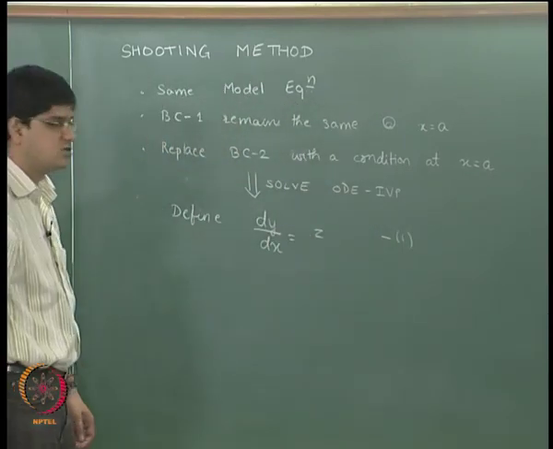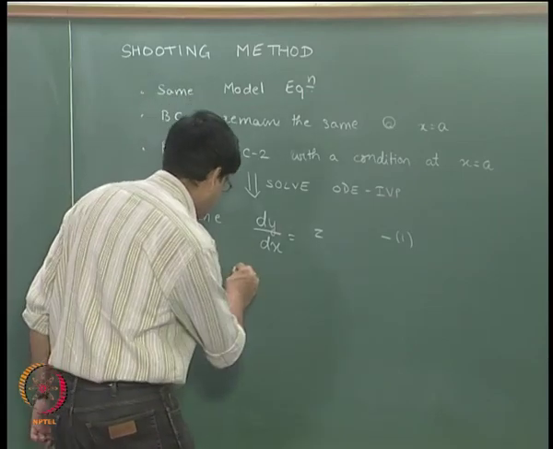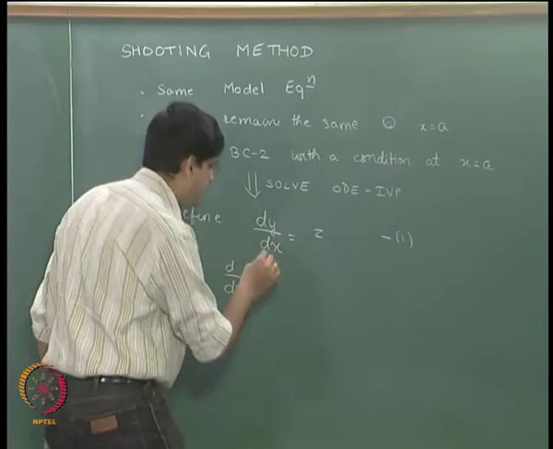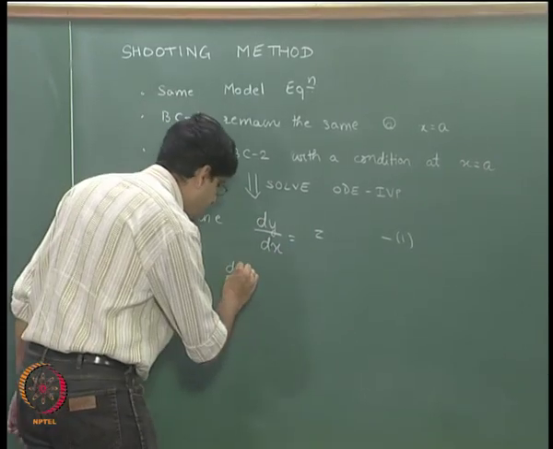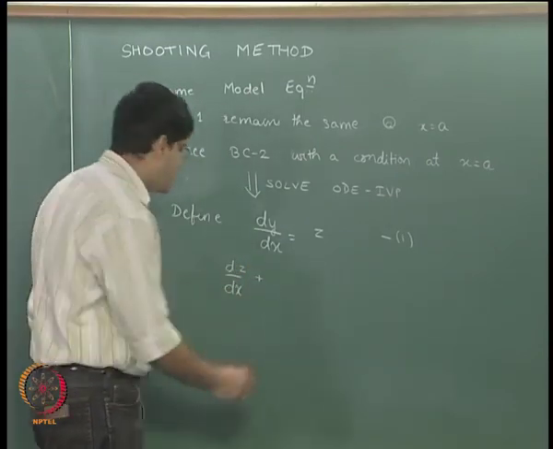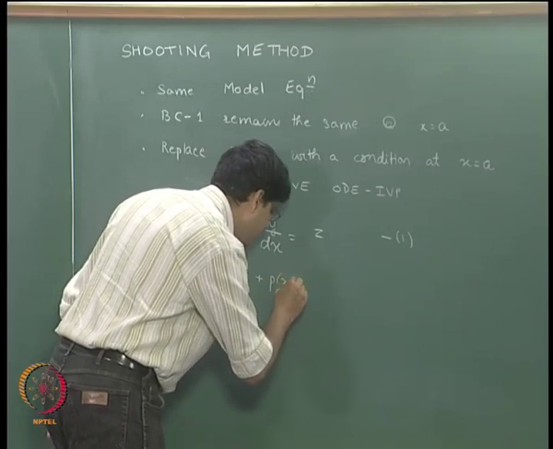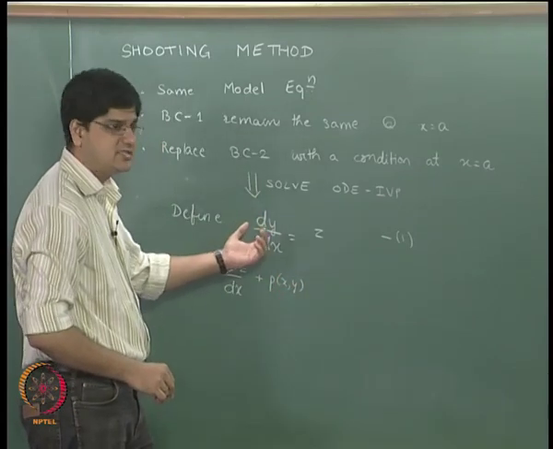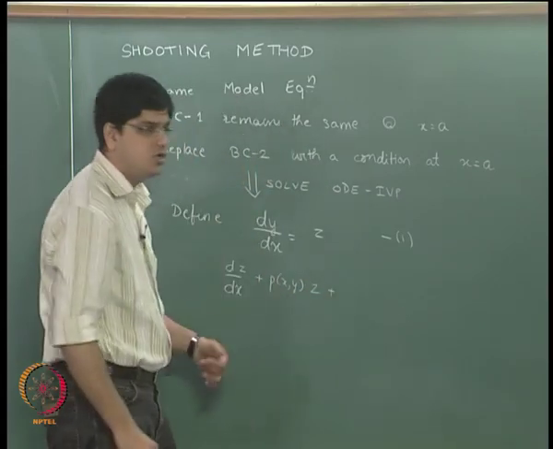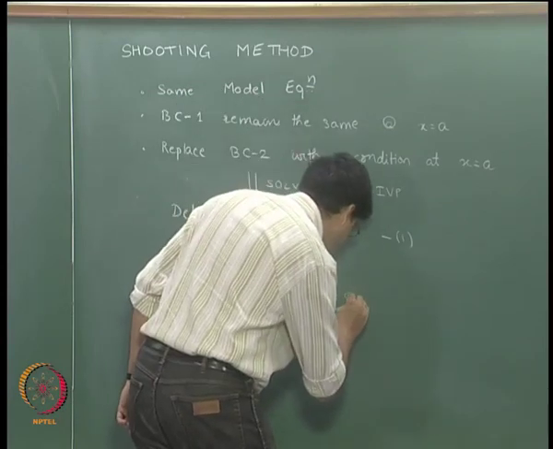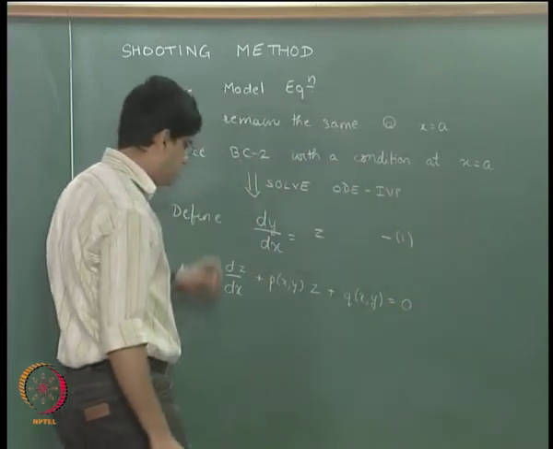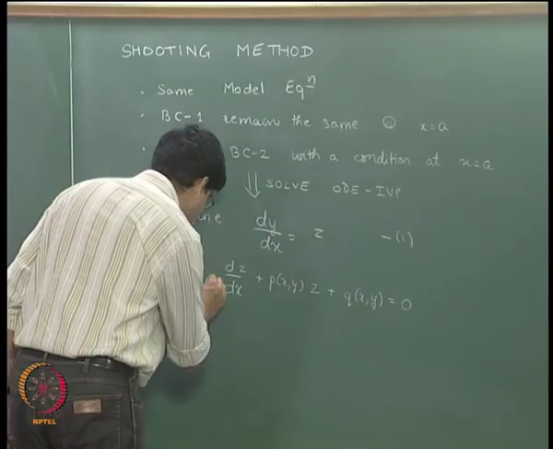That becomes our first ODE. d square y by dx square is d by dx multiplied by dy by dx, and dy by dx is z. So, we will have that as dz by dx plus p of x comma y multiplied by dy by dx, and dy by dx is nothing but z, plus q of x comma y equal to 0, which we can rearrange.